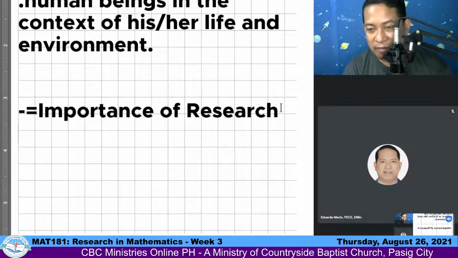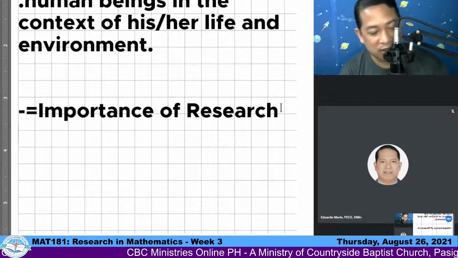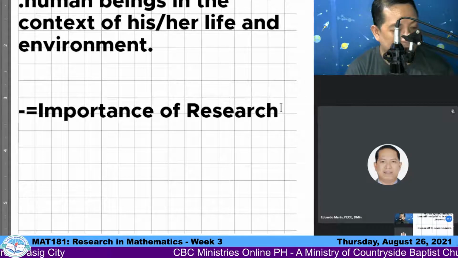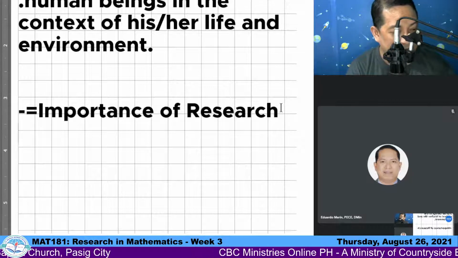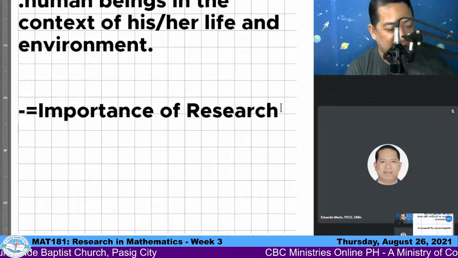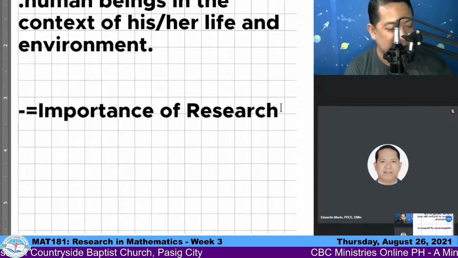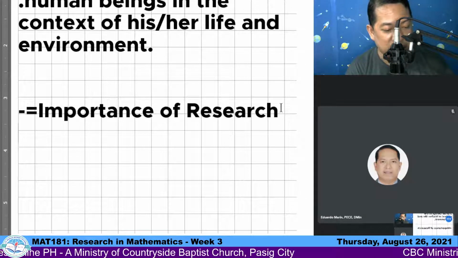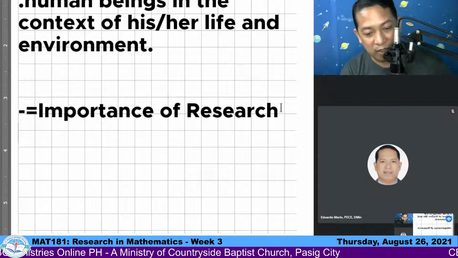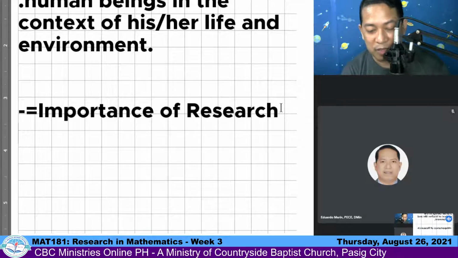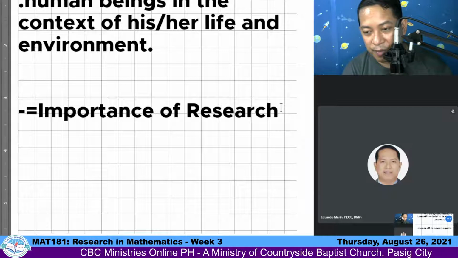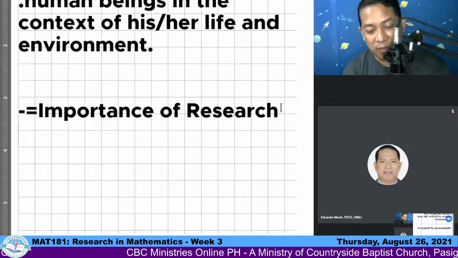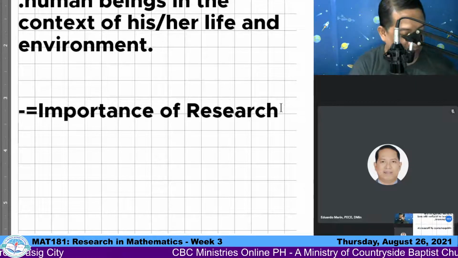Palaging may ganitong avoidance ang ilan. So the lazy student is probably thinking, oh no, not again. While the interested academic could just be doing it more to secure a job, tenure, and promotion. So yung iba, not really for the research per se, but for some other ulterior motives as well.